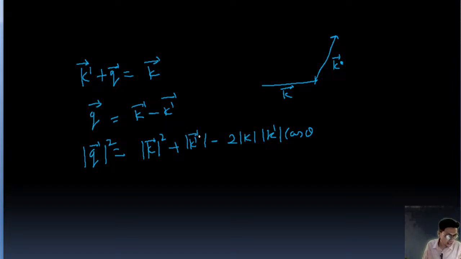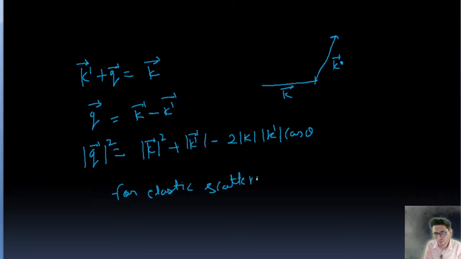And for elastic scattering, mod of k equals k dash, there wouldn't be any change in the wave vector if it's an elastic scattering.